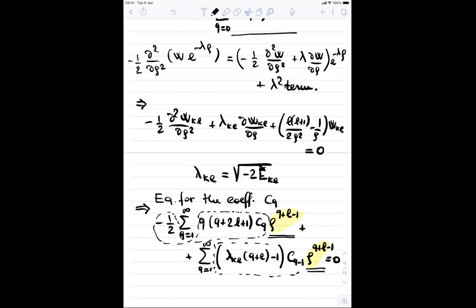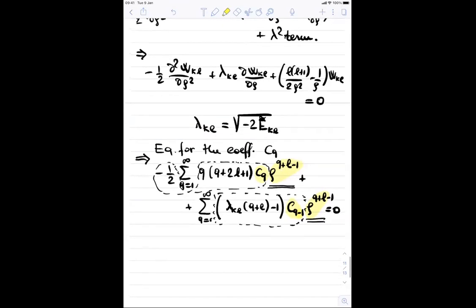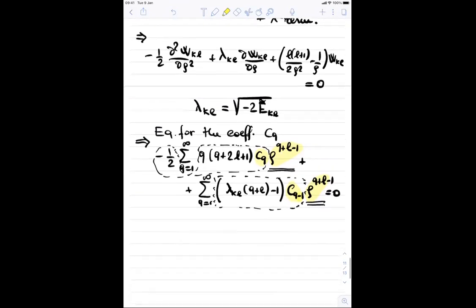And this is a very beautiful equation because it relates CQ to CQ minus 1. If you impose that these two coefficients are one opposite to the other, so that you get 0, you will find an equation of this form.